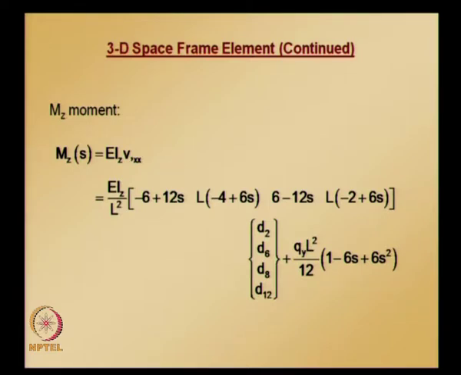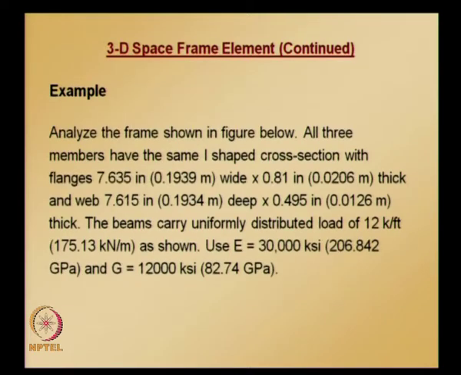Now, let us take a numerical example. Analyze the frame shown in figure. Figure will be shown in the next slide. All members have same I shaped cross section and the flange dimensions, web dimensions and depth are given both in FPS units and SI units, and beam carries uniformly distributed load which is shown in the figure, and material properties are also given.